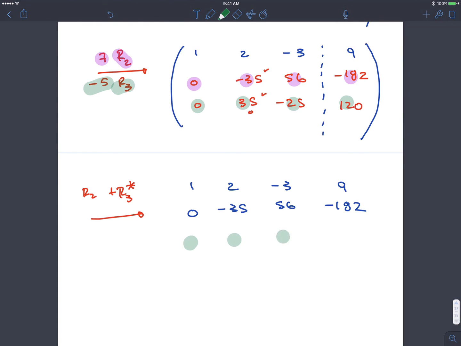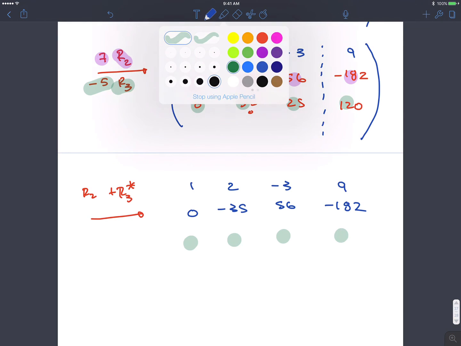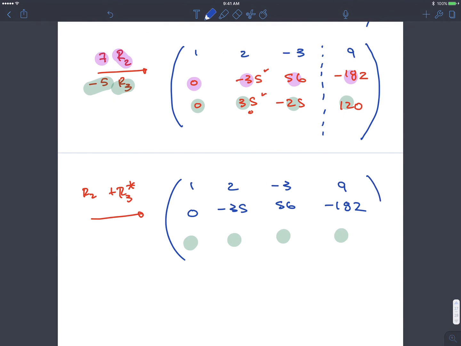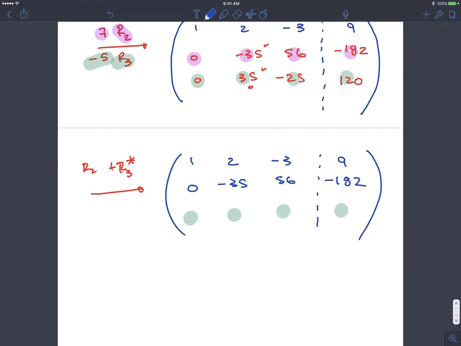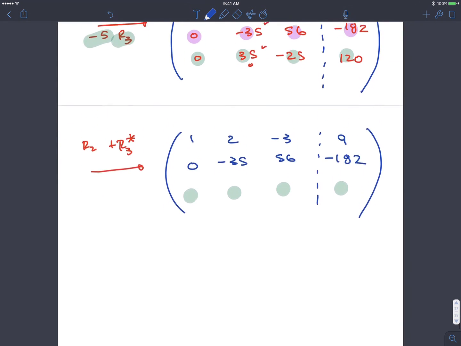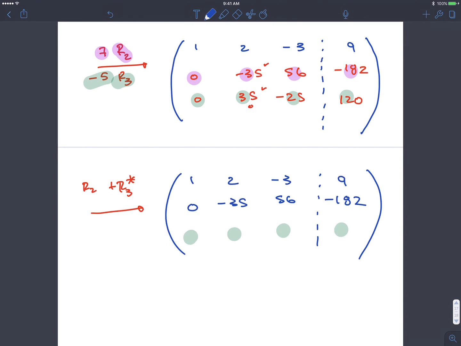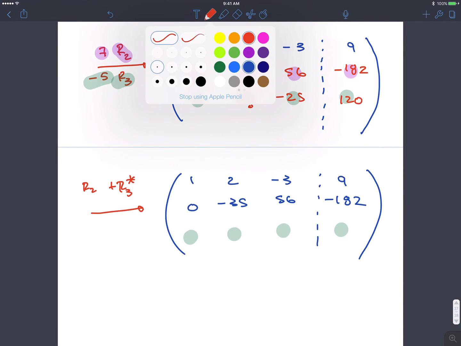I'm going to get a new row 3. Now let's go back. Row 2 plus row 3.